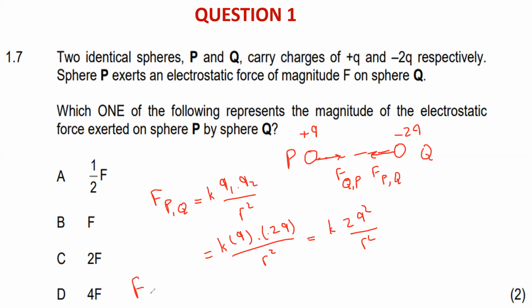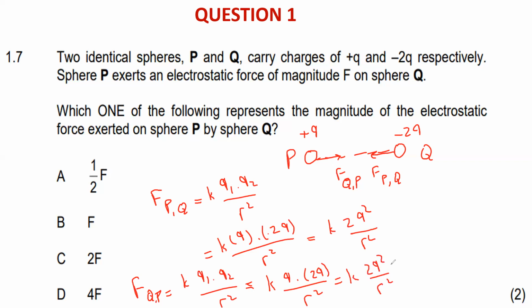When you want to calculate FQP, you use exactly the same formula, Q1 times Q2 over R squared. K times Q1 is Q, Q2 is 2Q, and R squared, so K times 2Q squared over R squared. As you see, you are getting the same answer. If you want, you can give some numbers, for example 5 or 1 for each Q, and calculate it.